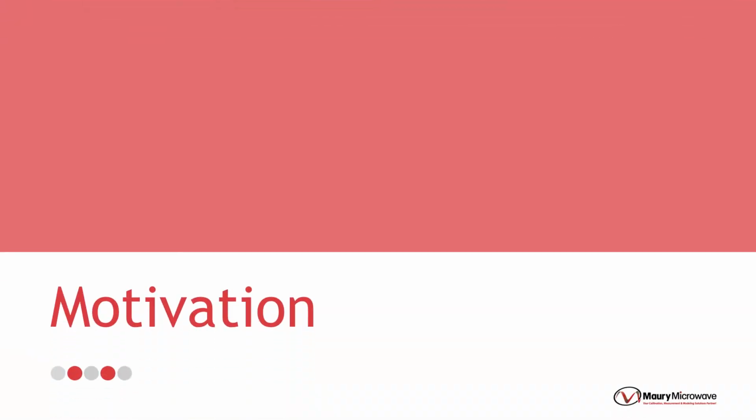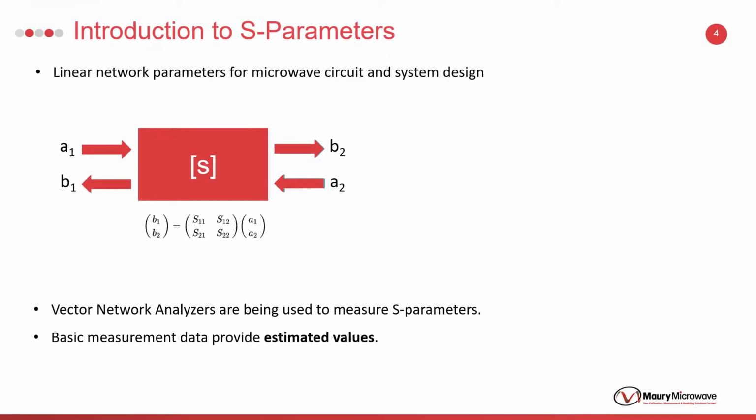First, the motivation, why we need uncertainty with the S parameter measurements. As RF and microwave engineers know, S parameters or scattering parameters is one of the linear network parameters for microwave circuit, component, and system design and analysis.